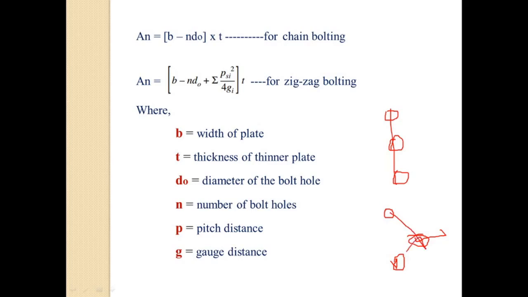This staggered path we call zigzag bolting. In this case, the pitch is like this, this is the pitch distance, and this vertical one is the gauge distance. According to this staggered path, we take the pitch and gauge distances.